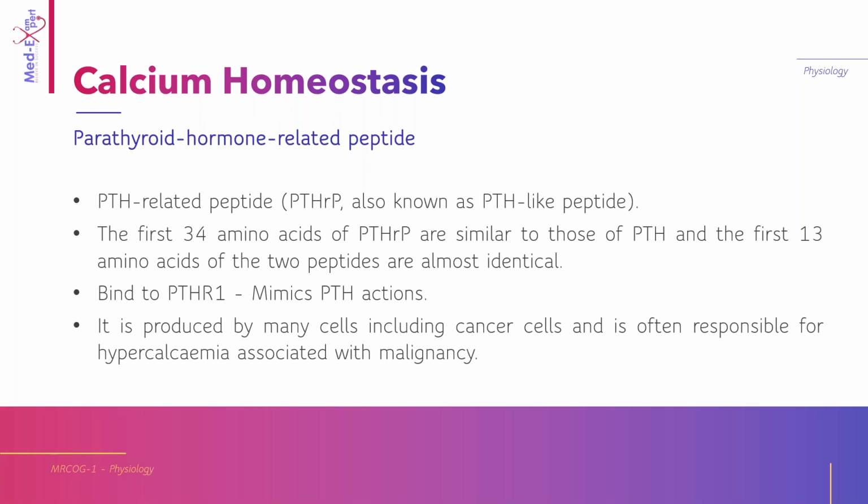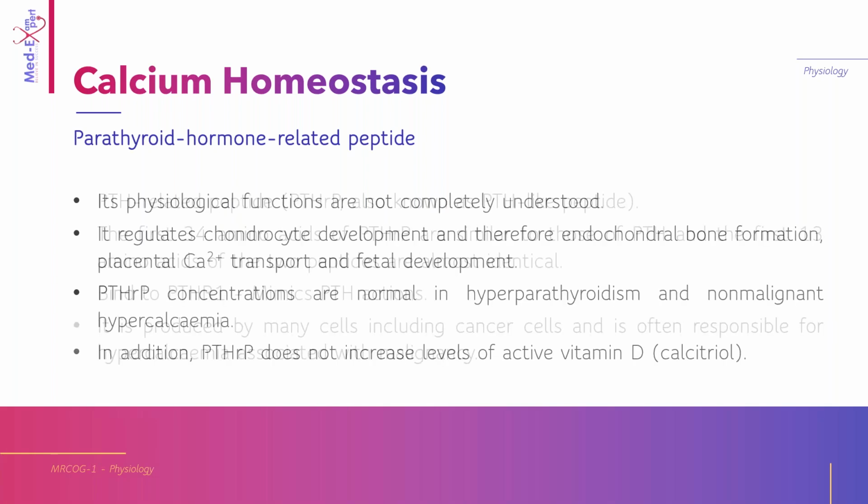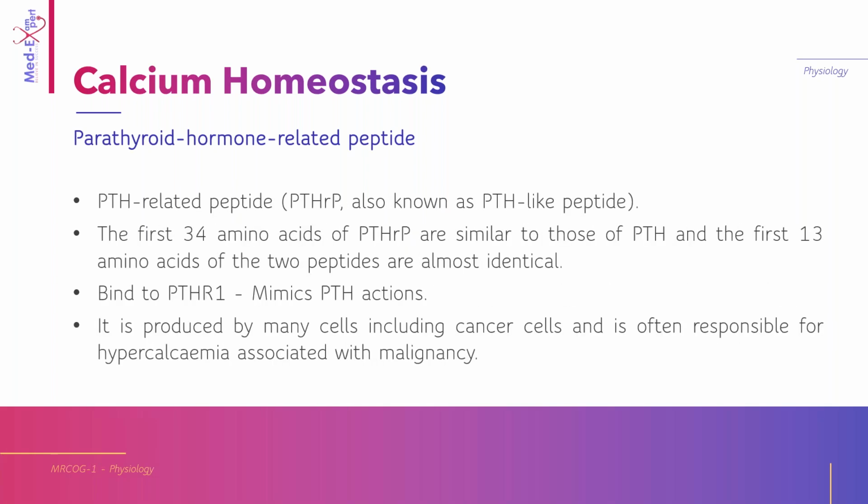The action of the parathyroid hormone related peptide somewhat mimics the parathyroid hormone action, but it's not released from the parathyroid gland. It's released from cancer cells, and it may be responsible for the hypercalcemia associated with malignancy.